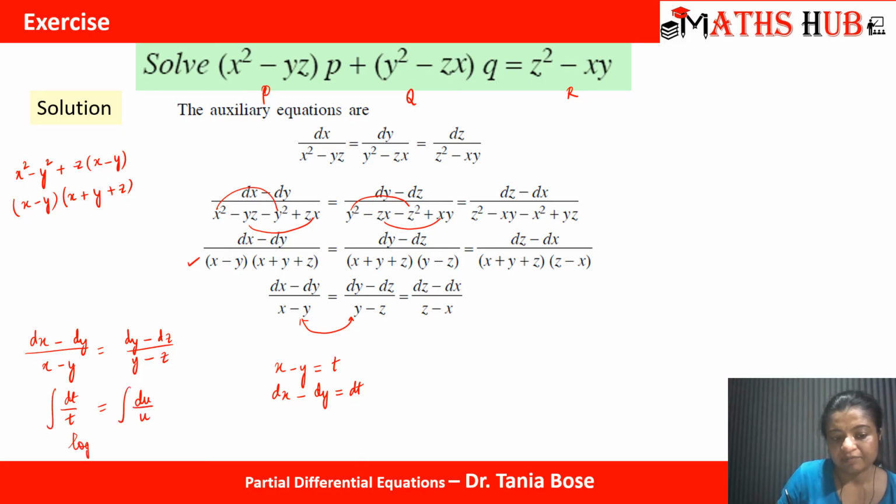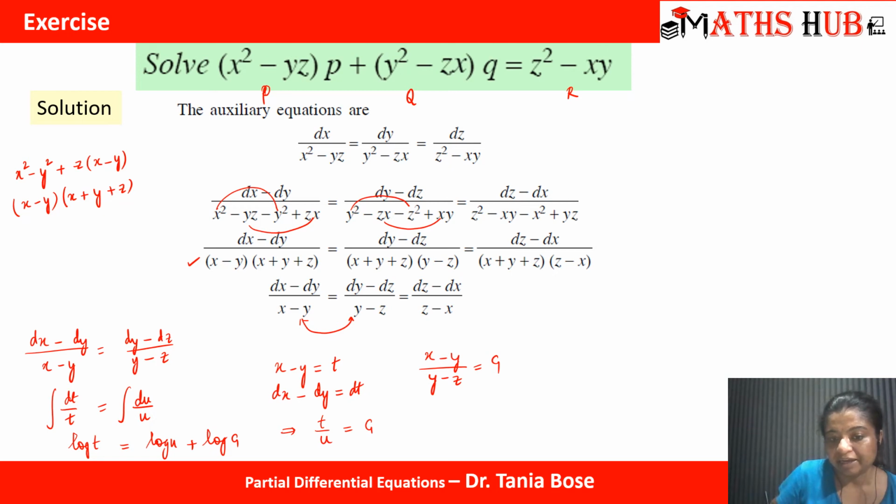So we will get log t is equal to log u plus log c1. So from here, log t minus log u, simply I will get t by u is equal to c1. So when I substitute t, it is x minus y upon y minus z is equal to c1.